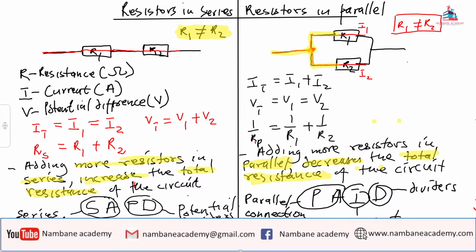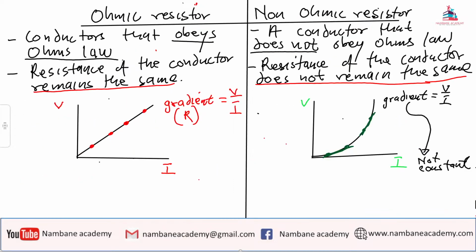Can it be in any different form, like say for instance it is switched around in a way, and it can still be considered a non-ohmic resistor because the resistance is not remaining the same?